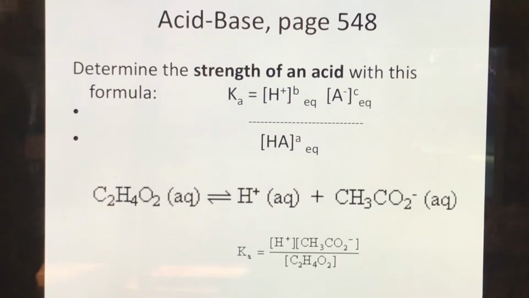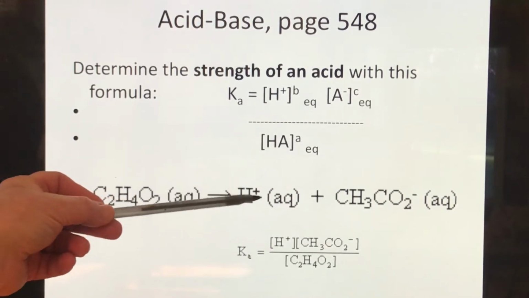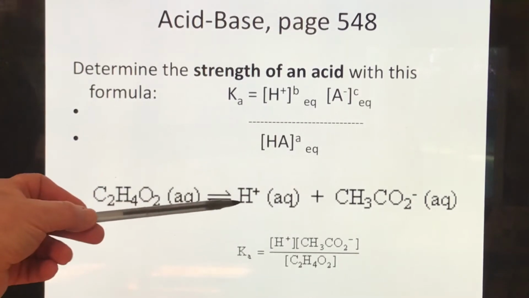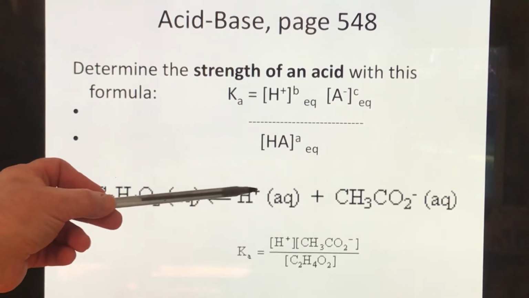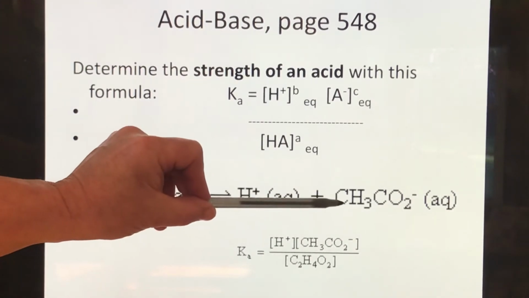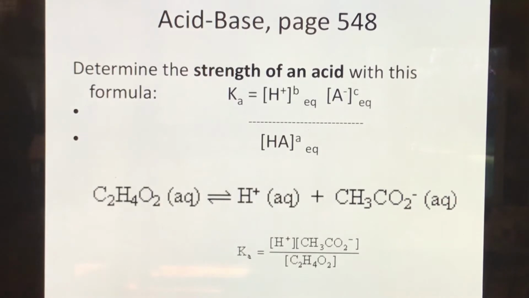Okay, so let's just look at an application of that. This is just the formula repeated here. And we're looking at this equation of acetic acid dissociating. So here you have the C2H4O2 dissociating, one of the hydrogen ions comes off, forming a hydrogen ion, and then here you have the ion that's left.